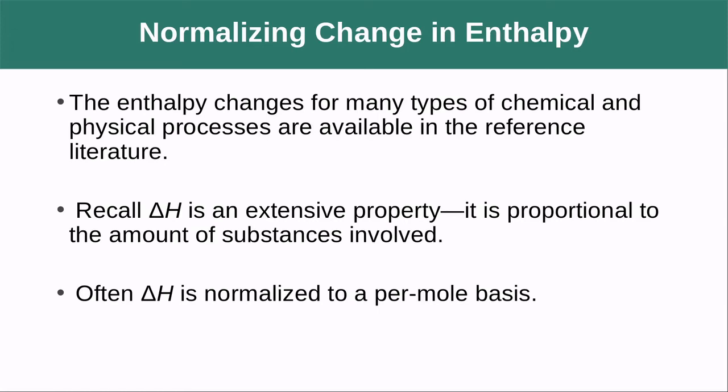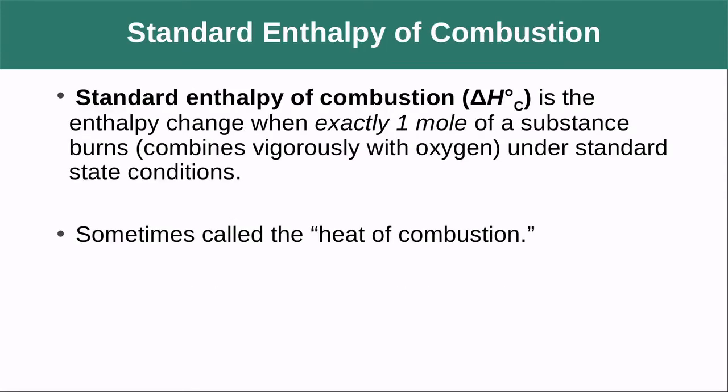So what I was discussing earlier is that we're going to make it an intensive property by normalizing it to a per mole basis. We're going to take the typical delta H and divide it per mole. So the standard enthalpy of combustion, for instance, is the enthalpy change when exactly 1 mole of a substance burns, combines vigorously with oxygen, under standard state conditions.